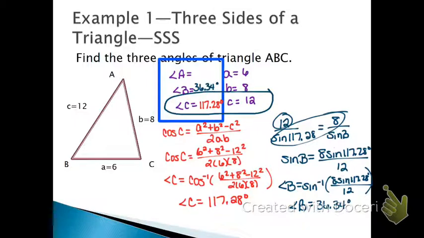And how are we going to find angle A? 180 minus angle B plus angle C. Good. So I'm just going to do that at the top here. So to find angle A, it's 180 minus the other two added together.